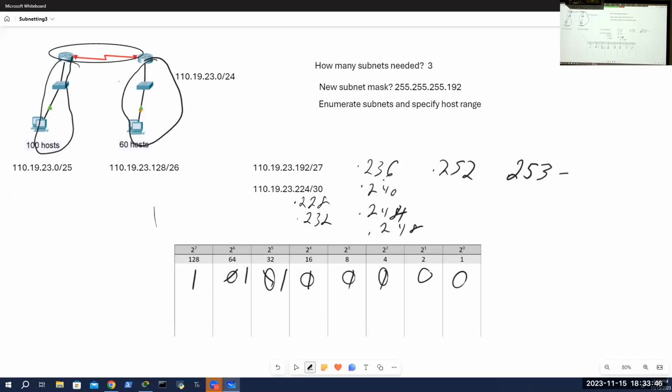And then .25 what? 4. Because 255 is the broadcast. Just 2 addresses, 253 and 254. The 248 gets 249 and 250. 244 gets 245 and 246, and so forth.